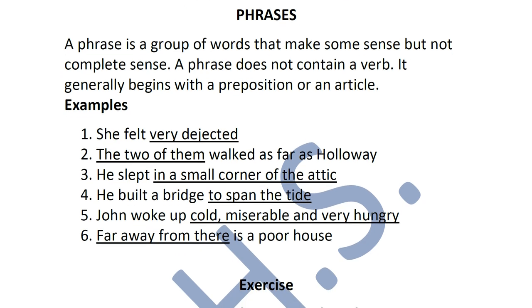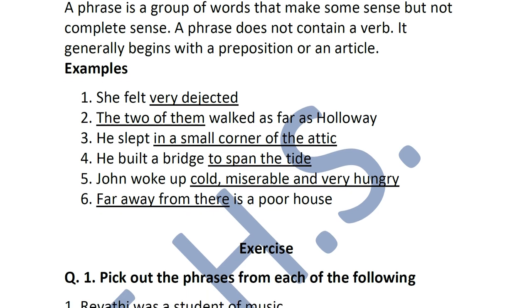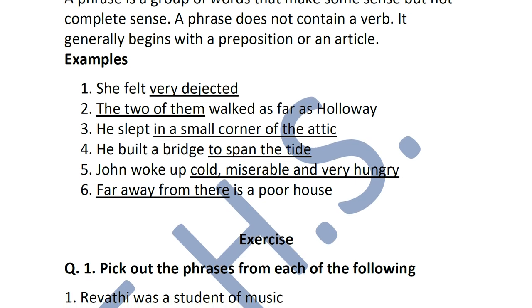Okay, now let's see examples of it. She felt very dejected. Now, felt is the action. Yes? So after that you have your phrase, very dejected. The two of them, see, starting with an article, the two of them is your phrase. Now, action is walked. So the part where the action is doesn't come in the phrase.